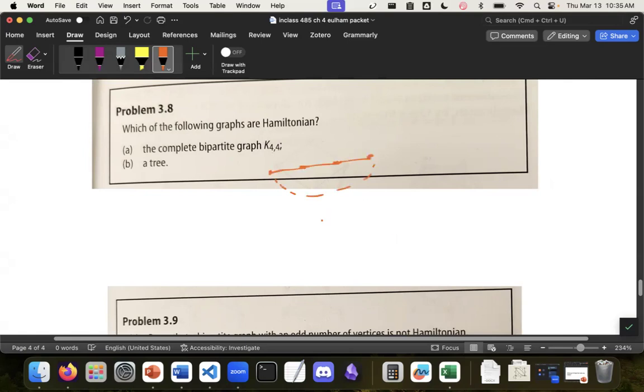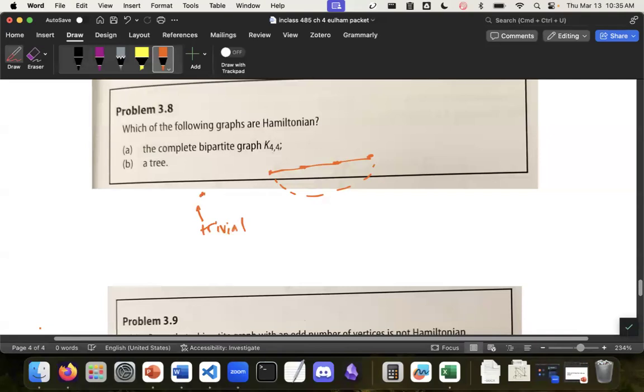So a tree would be semi-Hamiltonian, but there is a tree which is trivially Hamiltonian. Does anybody know what it is? Yeah, just a vertex. There are no edges. So trivially, it is Hamiltonian.